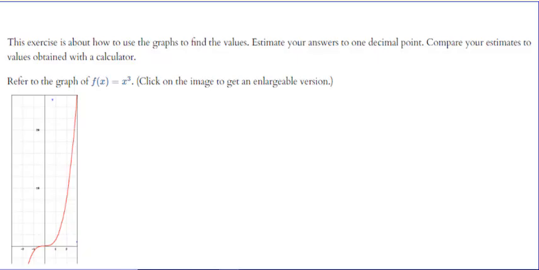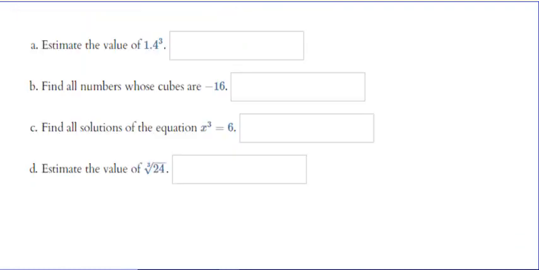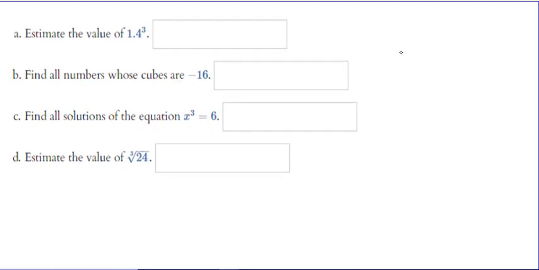If you look, this kind of matches what we're seeing on our graph, to some extent. Here are the questions they wanted to ask, so we can evaluate some things. They want you to estimate the value of 1.4 cubed, right?